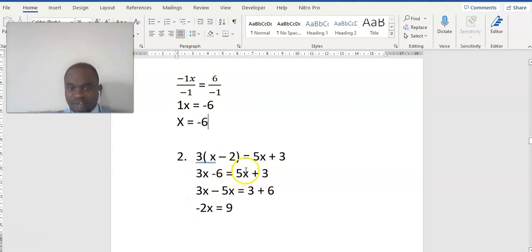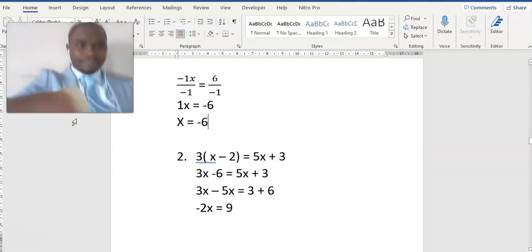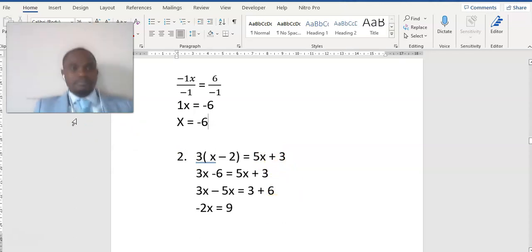If I transpose this 5x to this side, it's going to be minus 5x. Then this is the 3. If I transpose this minus 6, it's going to be plus 6. Is that okay? Now I have 3x minus 5x, what would that give you?